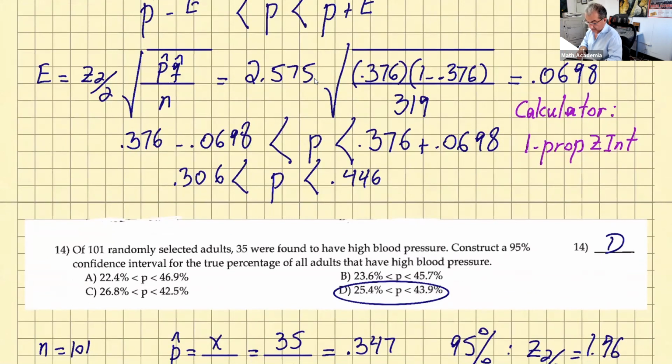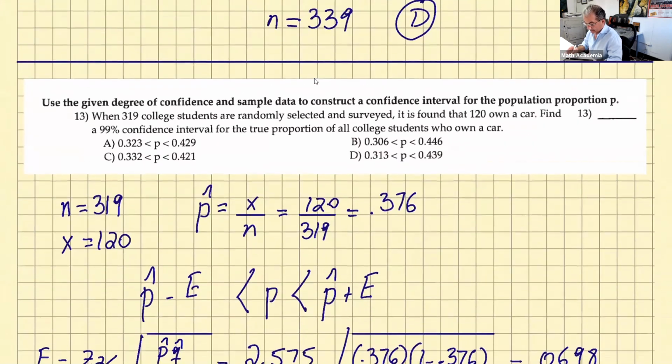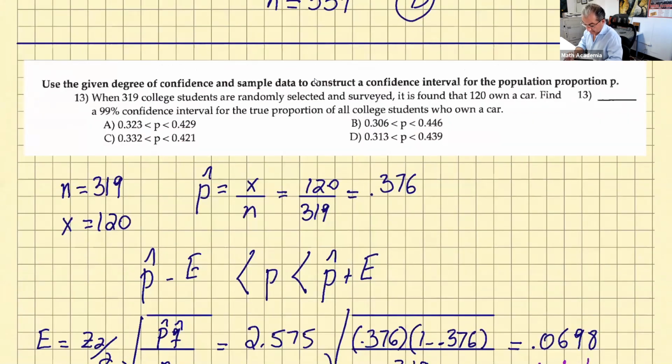So p hat is 0.376 minus 0.0698, we get 0.306, and 0.376 plus 0.0698, you get 0.446.